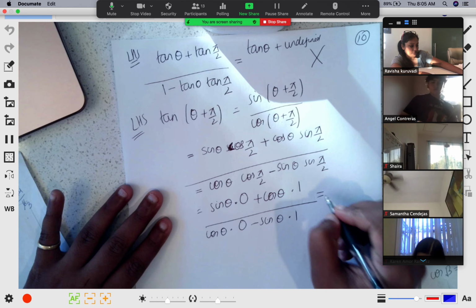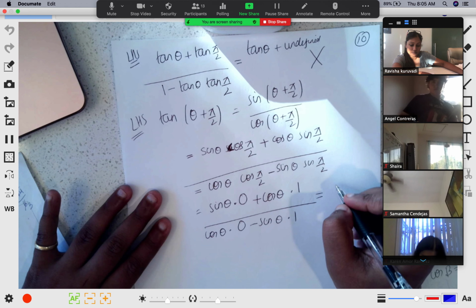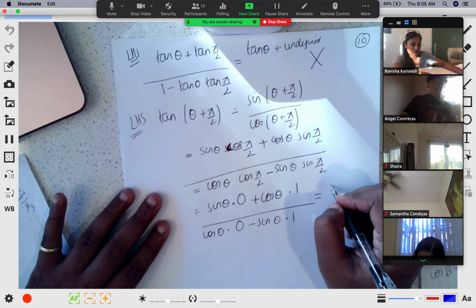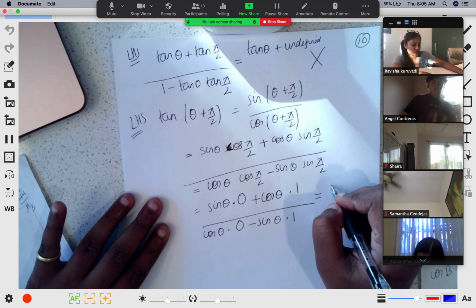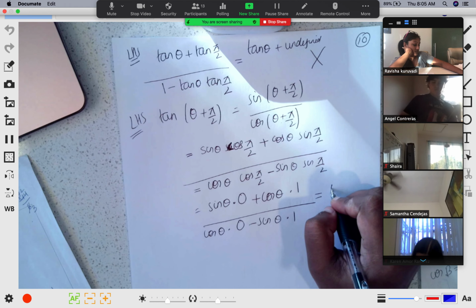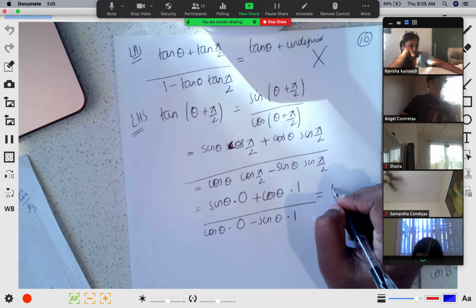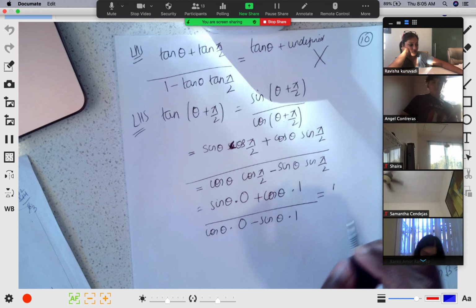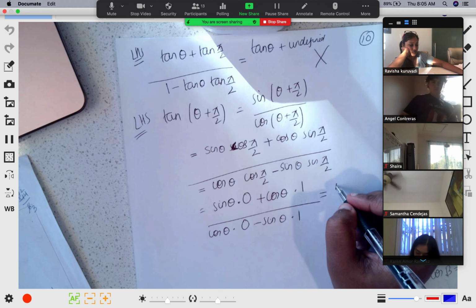So basically you're left with what? What is sine theta times 0? It's going to be just 0.